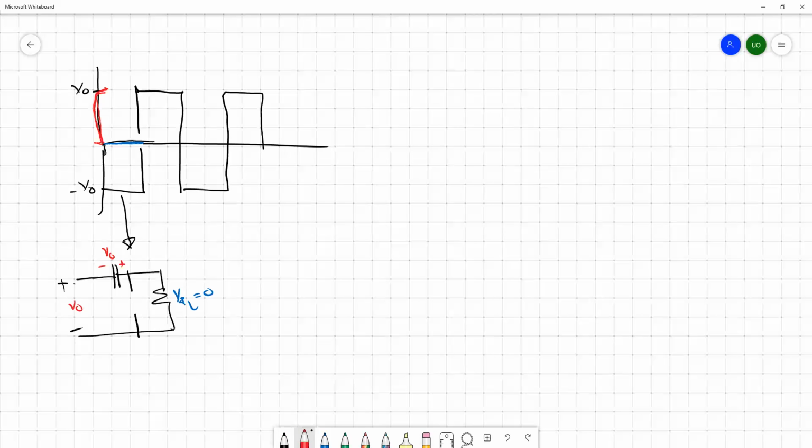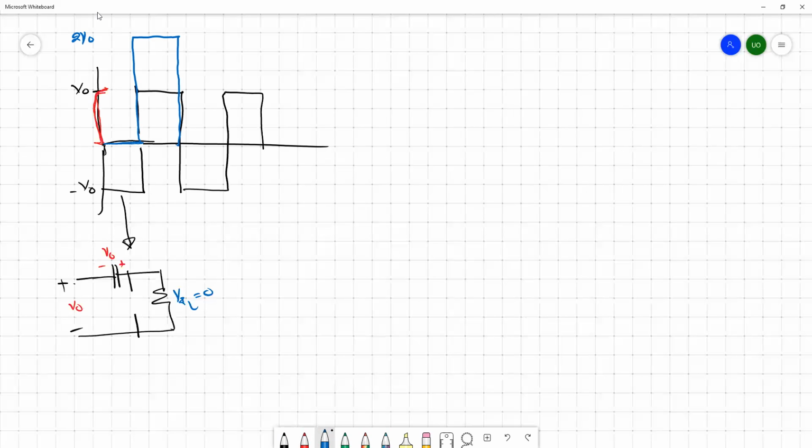Since the diode is reverse biased, you have a voltage across the load which equals 2 times V naught. So during this second cycle, this becomes 2 times V naught.